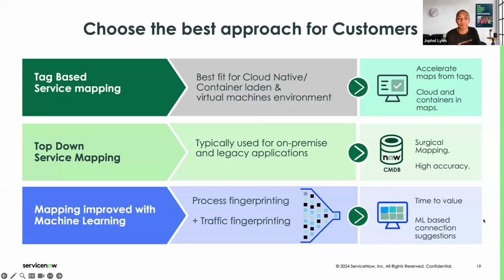So this is going to be best used for your more critical business services. And typically when we start off creating service maps for organizations, it's going to be for those few critical business services. So top down is usually the first type that they get exposure to, right?